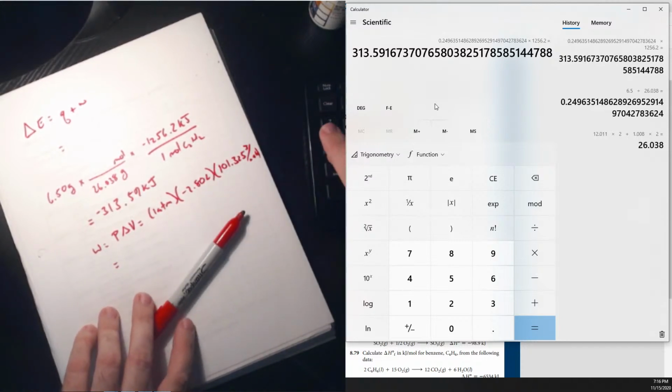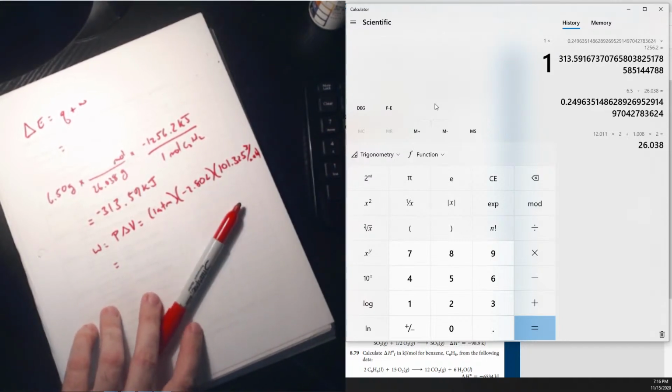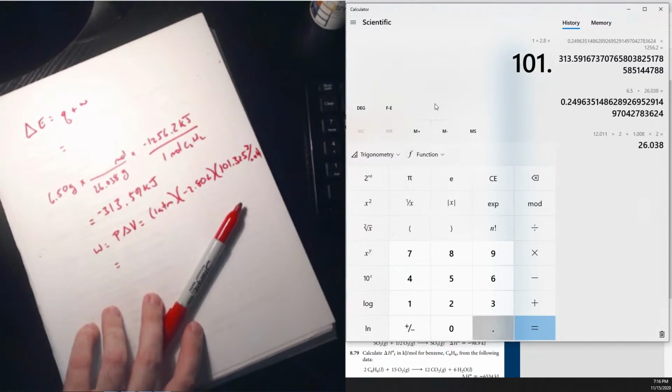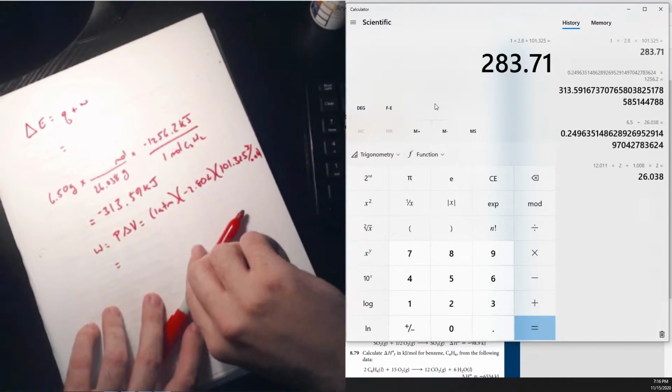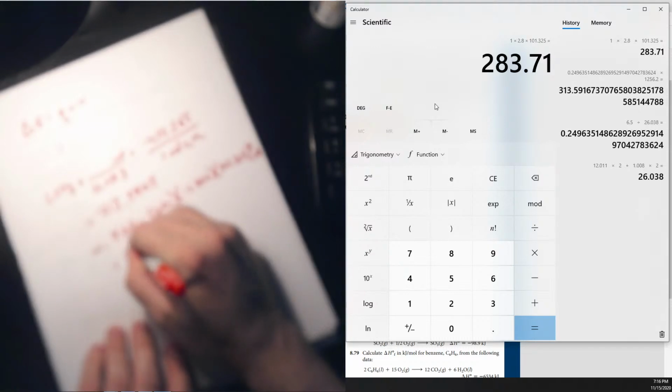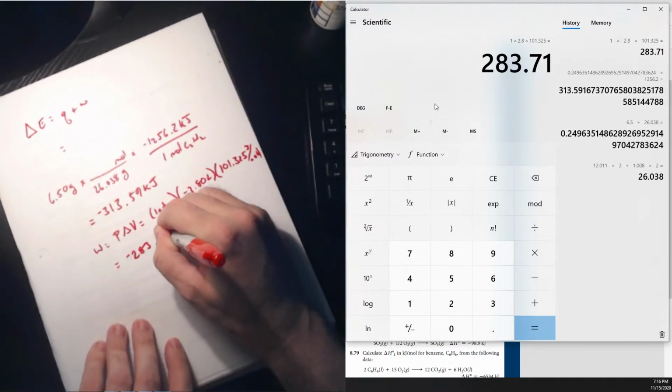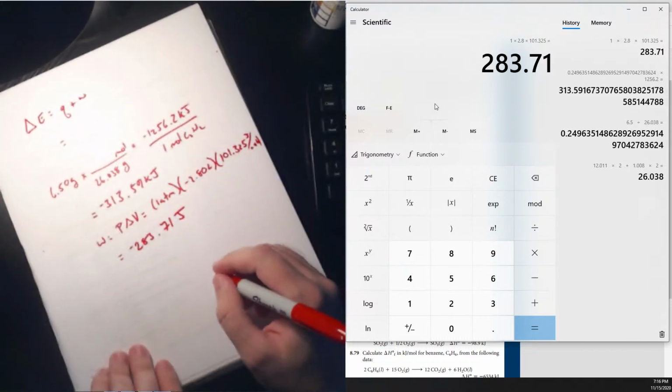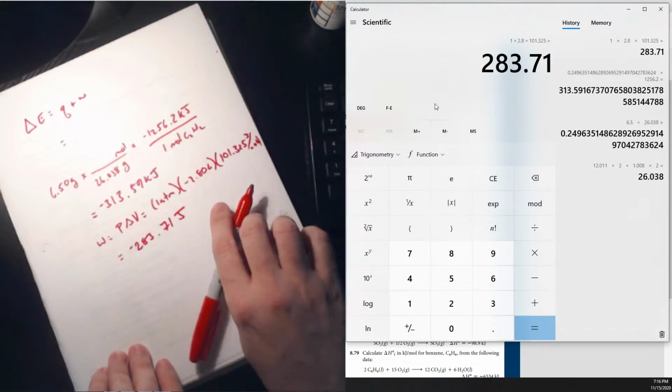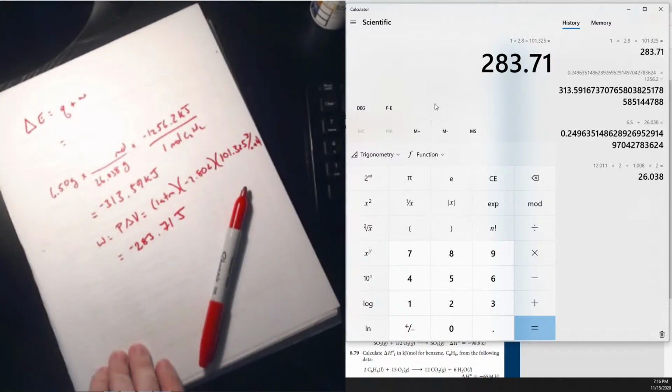So 1 times 2.8 times 101.325 is negative 283.71 joules. Man, this keypad sucks.